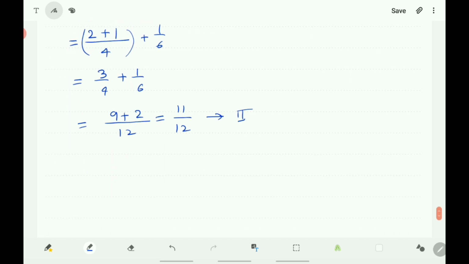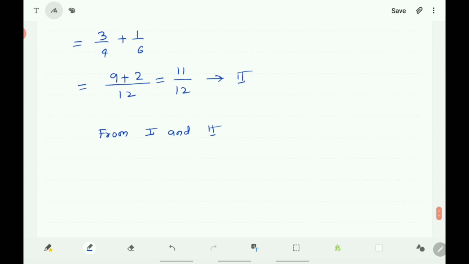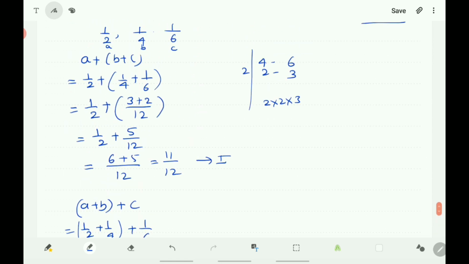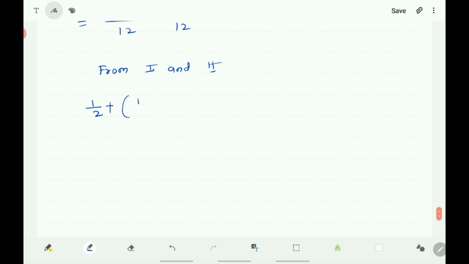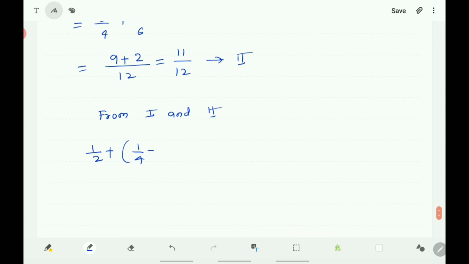So from first and second, what will you get? That is 1 by 2 plus (1 by 4 plus 1 by 6) is equal to (1 by 2 plus 1 by 4) plus 1 by 6.